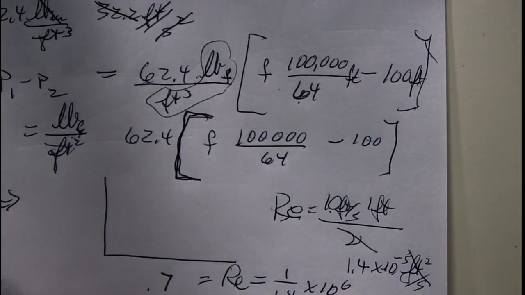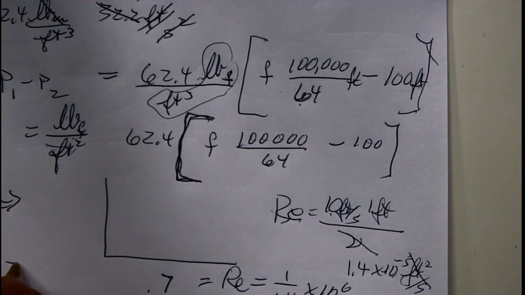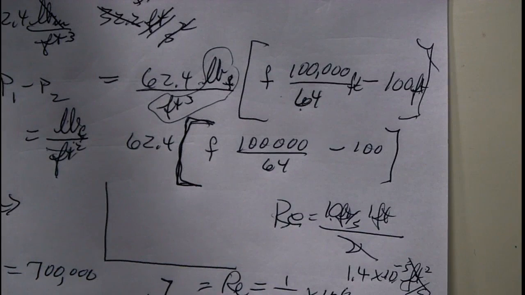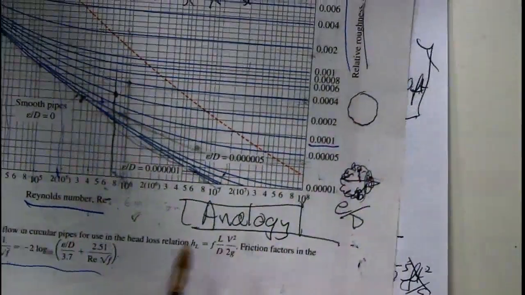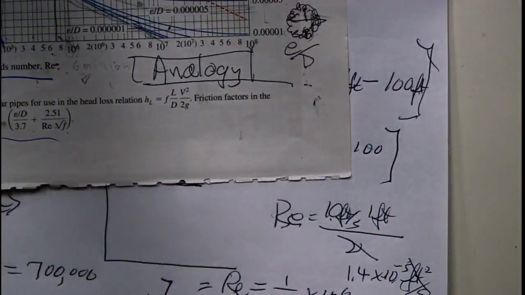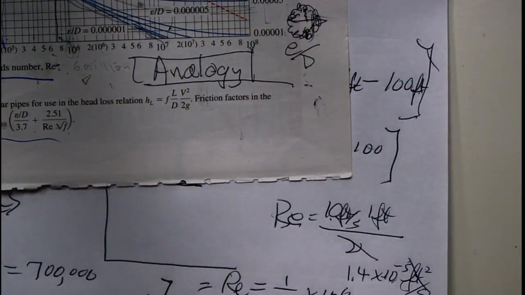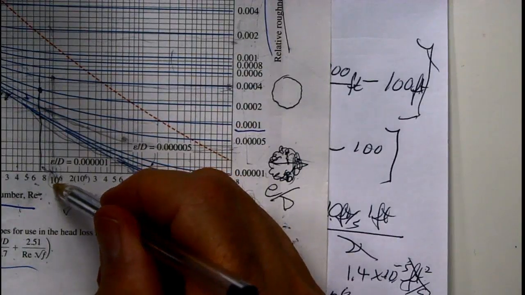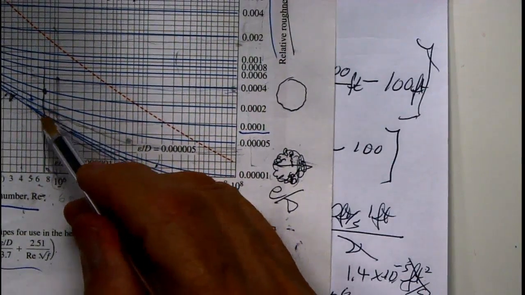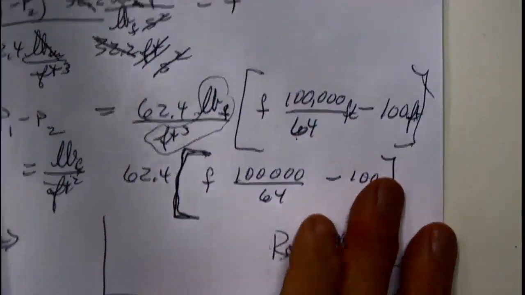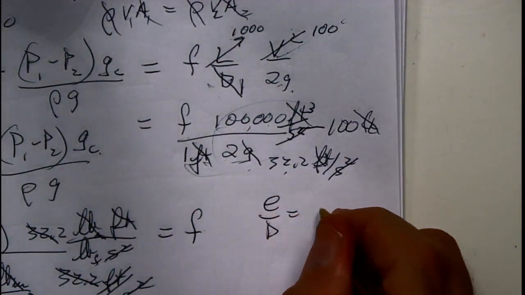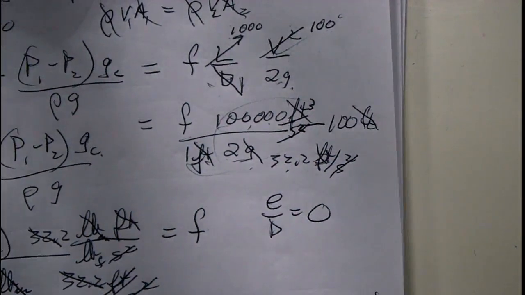So I'm looking at a Reynolds number of 700,000. If I take a look, this is a million here. 700,000 is less than that. So I come up here, and I didn't tell you about the roughness of the pipe. So we're going to assume a smooth pipe, practically zero.